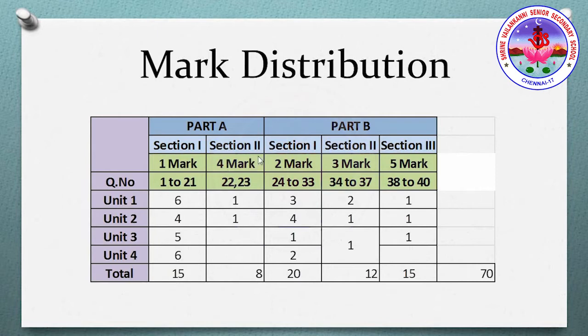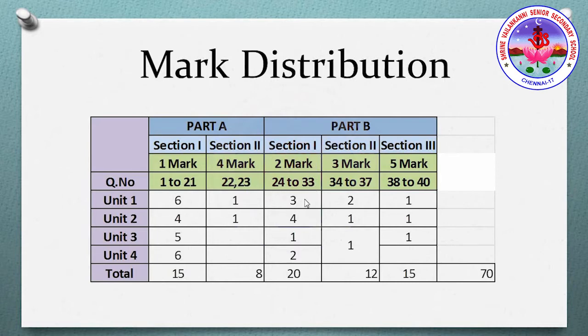Next, part A, section 2. Here we have case study based questions, 1 question from unit 1 and 1 question from unit 2. This is question number 22 and 23. Next one is part B, section 1, 2 mark questions. We have 10 2 mark questions, question number 24 to 33.